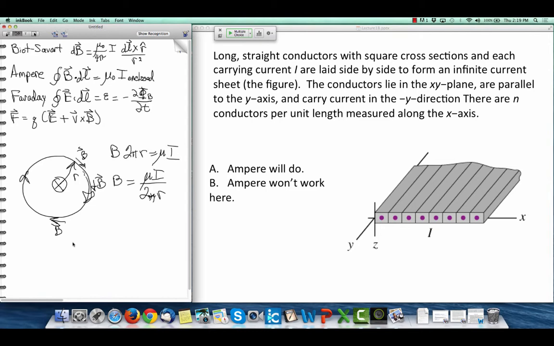So it ended up just being B times the integral of dl around that loop, which was 2 pi r. So that's how we use Ampere's law for something that is a one-dimensional object. In other words, an infinitely long line of current. Single current, infinitely long.